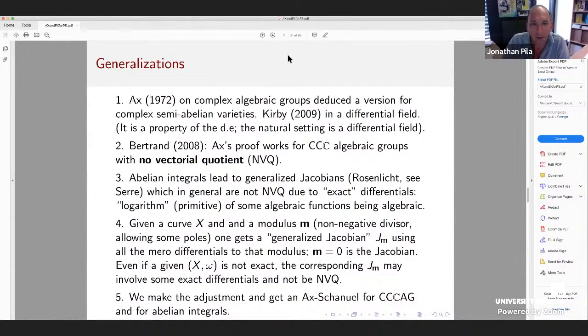Bertrand in 2008 observed that, in fact, Ax's proof works more generally for connected commutative complex algebraic groups with no vectorial quotients, a vectorial quotient being just an affine line.